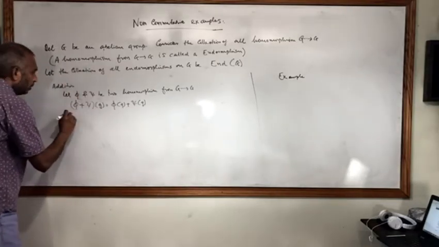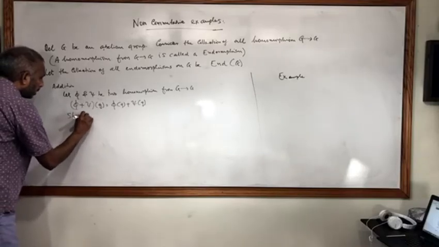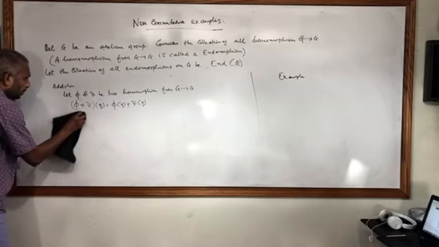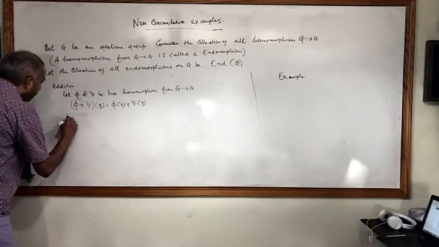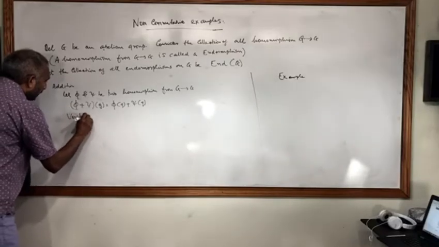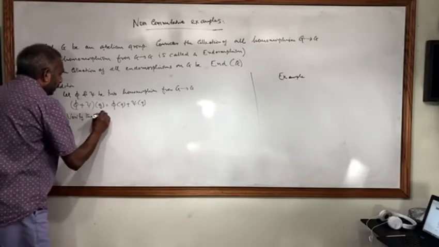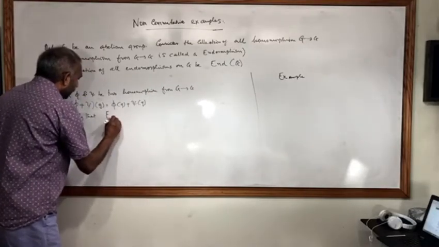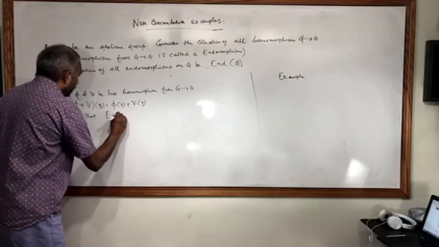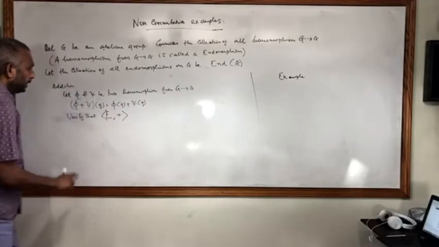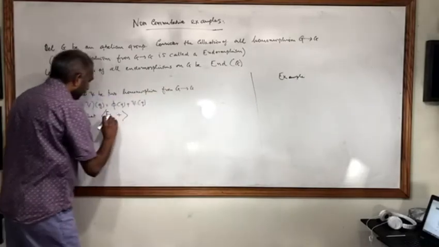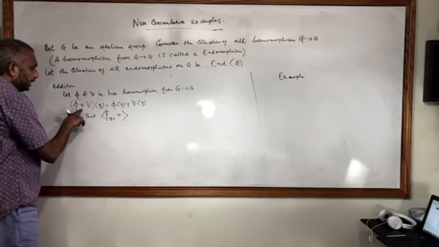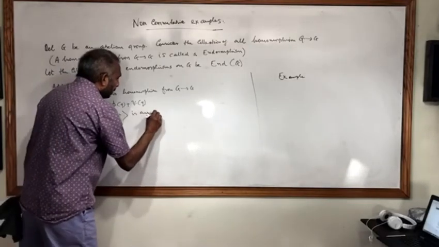So I'm not going to show this, but verify that E, comma, plus, where E is the endomorphisms on G, with this addition is an abelian group.